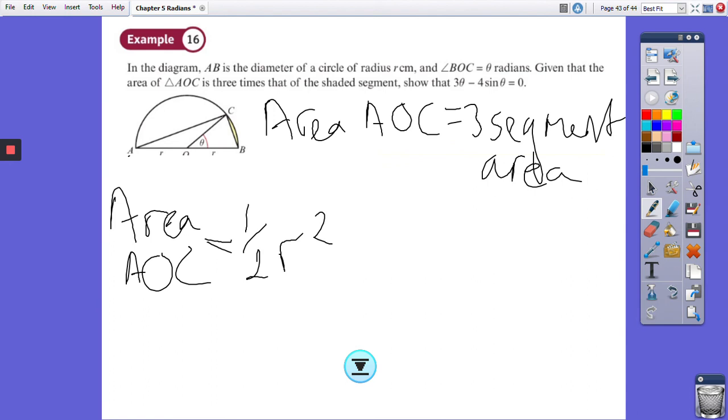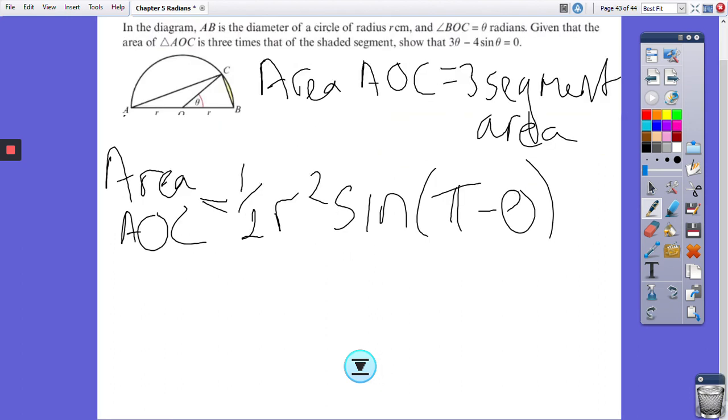So if there's 2 pi radians in a whole circle, there's pi radians in a semicircle. So we've got half R squared sine (pi minus theta). Now we spoke about that sine (pi minus theta). We're going to be using our result in a minute.